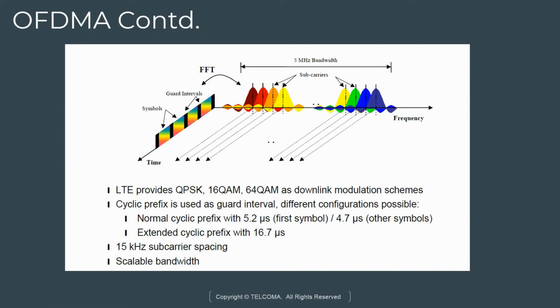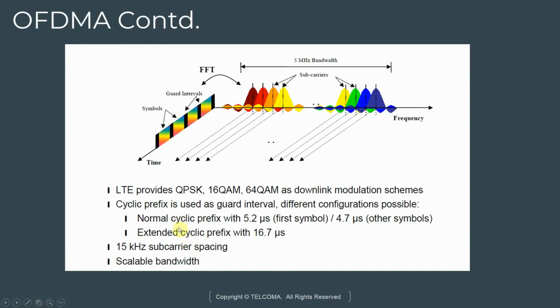There is the concept of cyclic prefix in LTE. What that does is it takes a copy of part of the signal and appends it to either side of the signal, so that it becomes more robust to intersymbol interference. LTE defines two kinds of cyclic prefix, the normal and the extended.